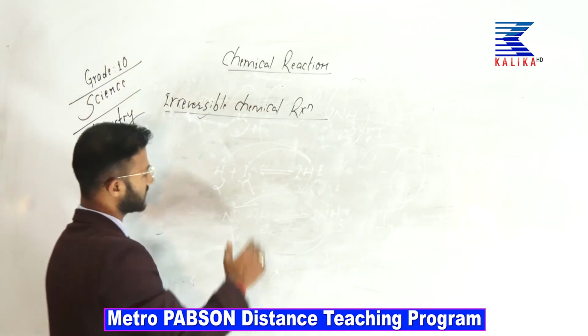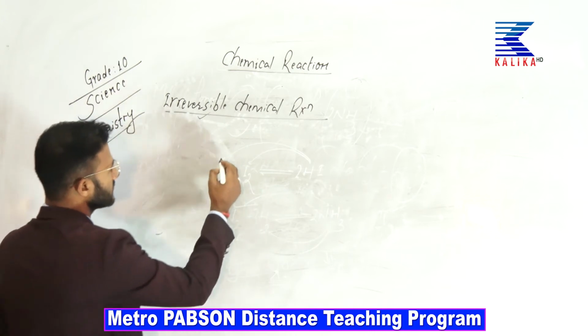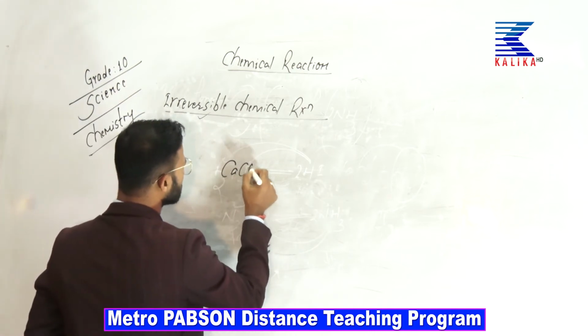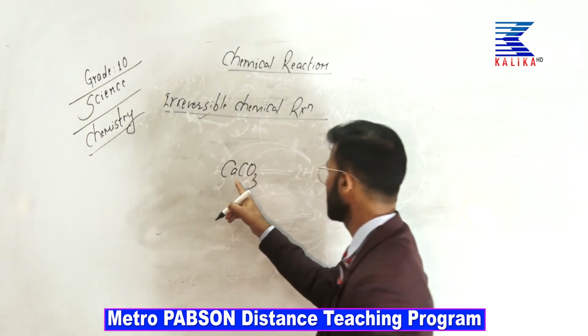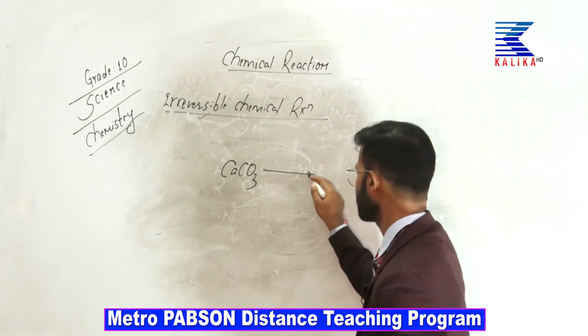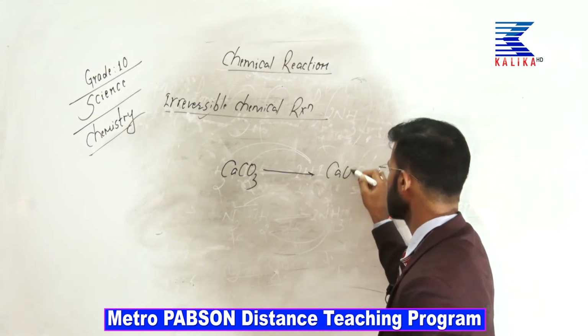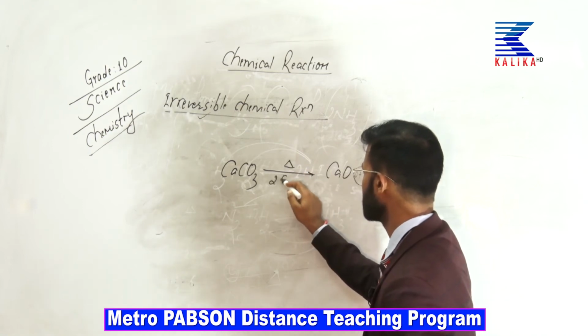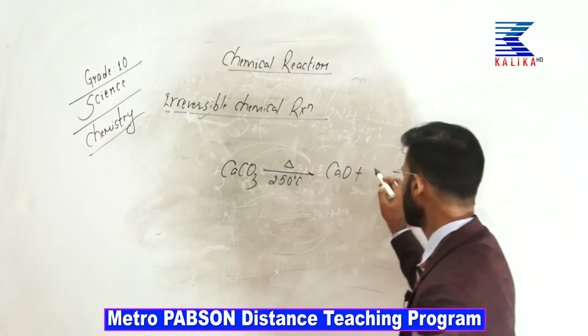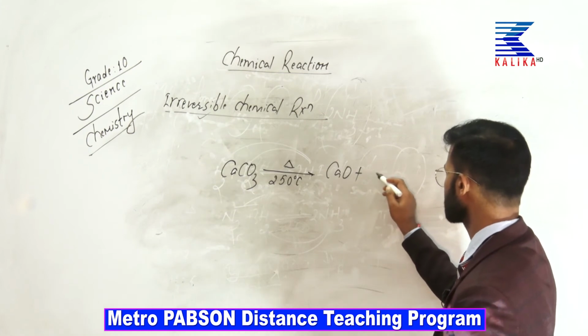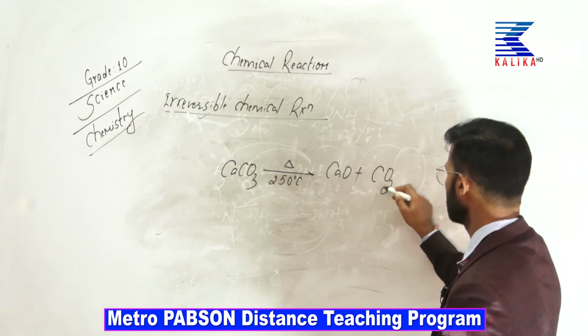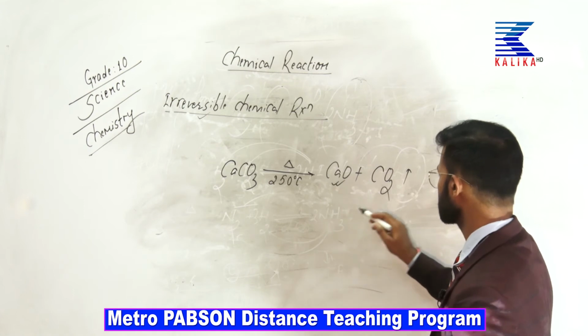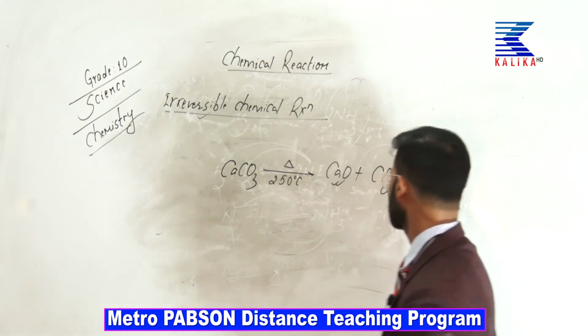Let me take just an example here. CaCO3, I have told you many times, this is calcium carbonate. When it is decomposed or heated at about 250 degrees Celsius, it forms two product molecules, I mean to say, one is calcium oxide and one is carbon dioxide gas.